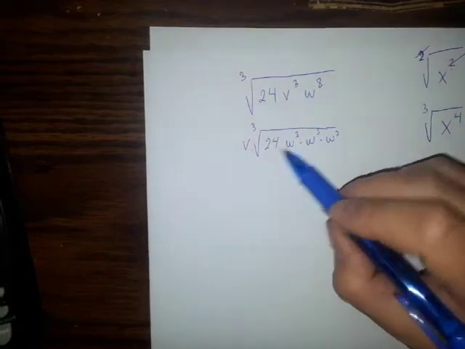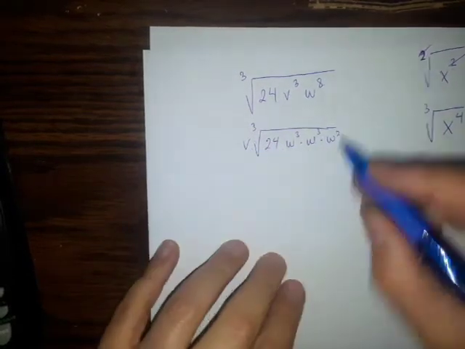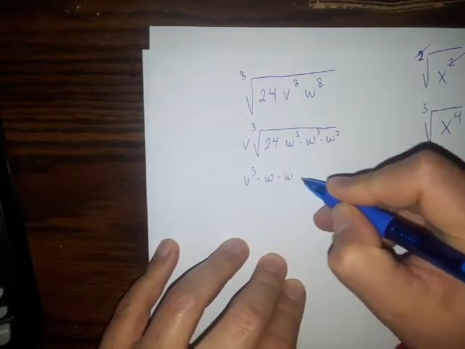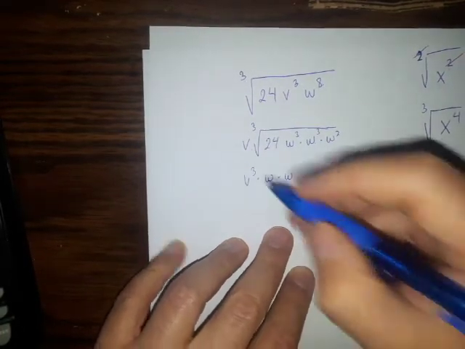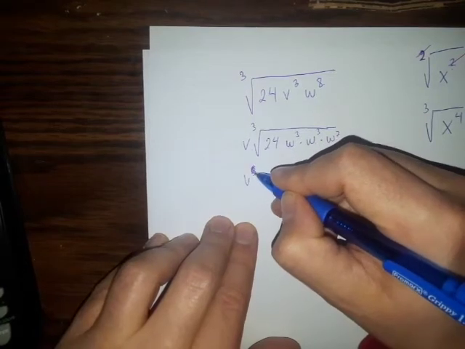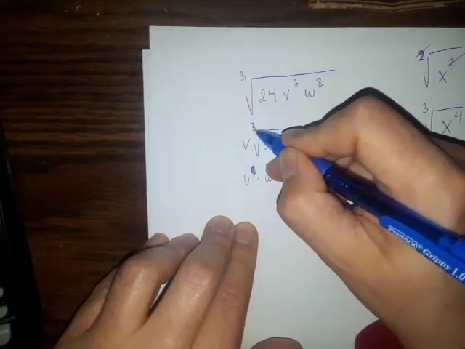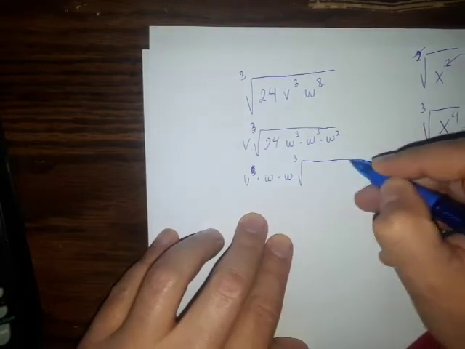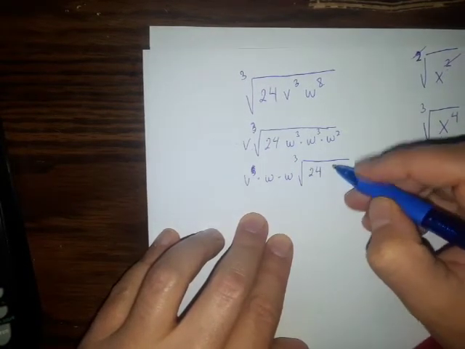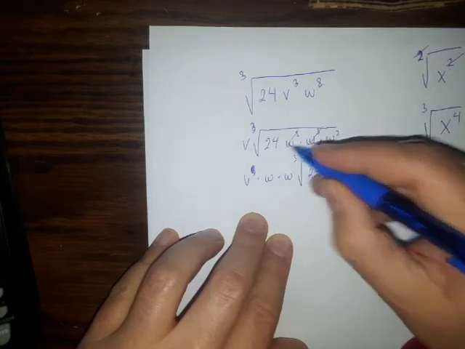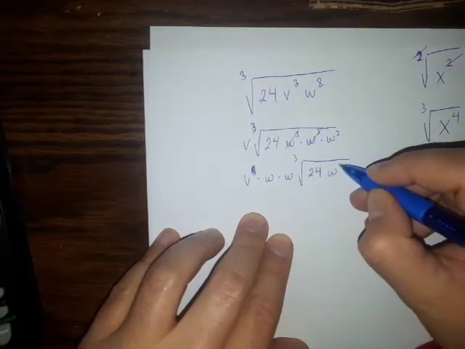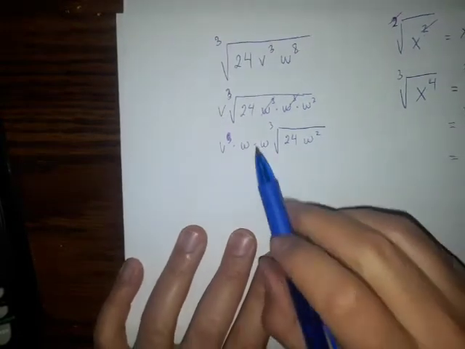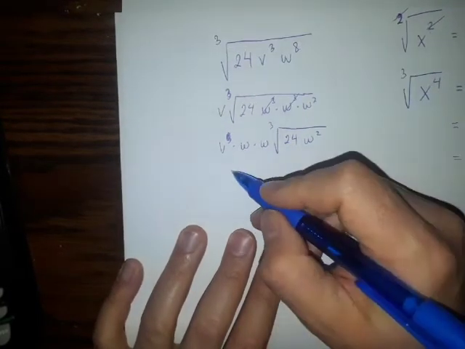So now this can go out and this can go out. So we have v to the third times w times w. Oh no, not v to the third, this is the third root. And then the third root of 24. This is gone, it's already out. v squared. Okay. w times w is w squared.